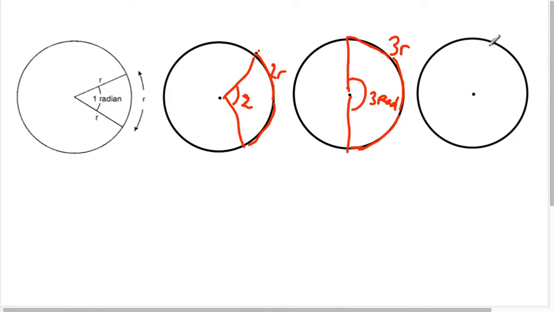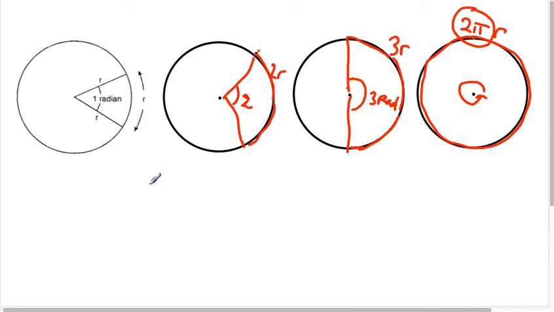So if we think about the whole circle, the circumference of a circle has a formula 2 pi times r. So which means if I go around the whole circle here, then the circumference is 2 pi r. So in that sense, the whole revolution will have the size of 2 pi radian.